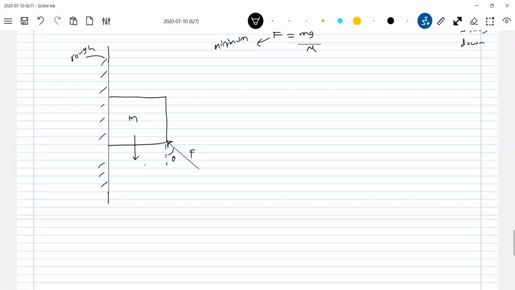I'll give another diagram. The weight mg will act. The component of the applied force.